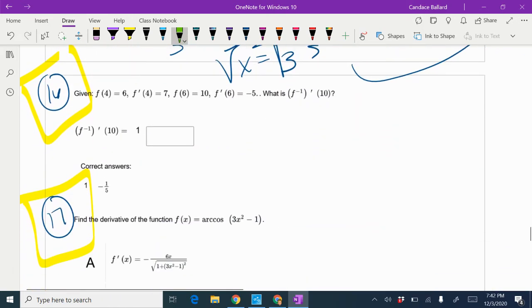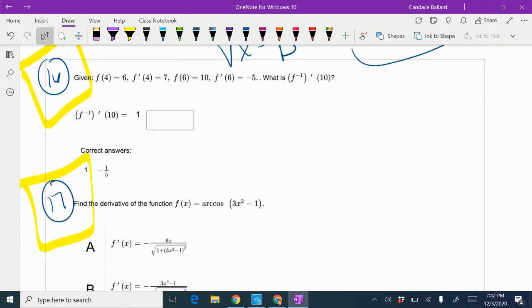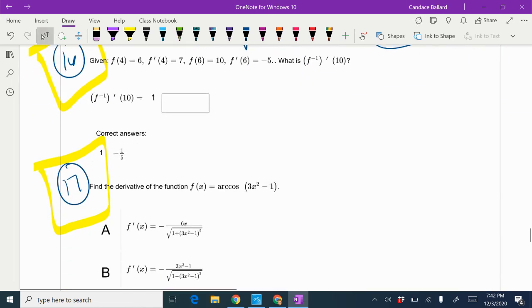So 16, which is very similar to what we've been doing here, except that this one is an inverse this time. So I need to have the derivative of the inverse. If I just went and looked up my derivative of the inverse formula, which again, I would write out a sheet of my formulas. I would have this one written down.